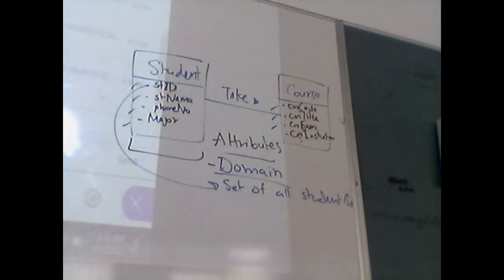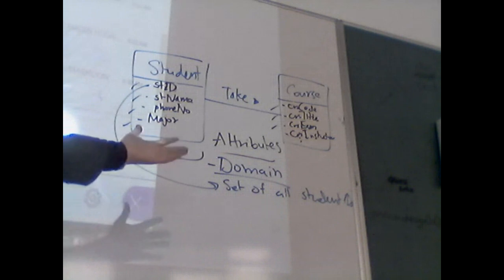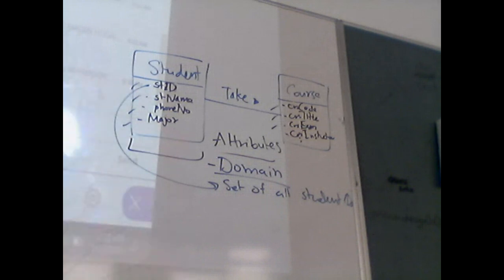This is an example. How about the description of this domain? For example, the student ID domain. The description can be what? How many characters? It's a number. How many characters for each ID can be accepted? We cannot accept one.